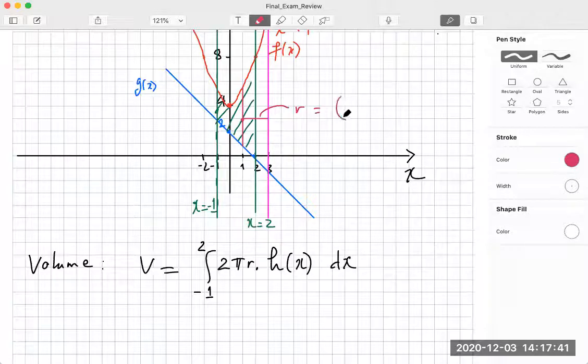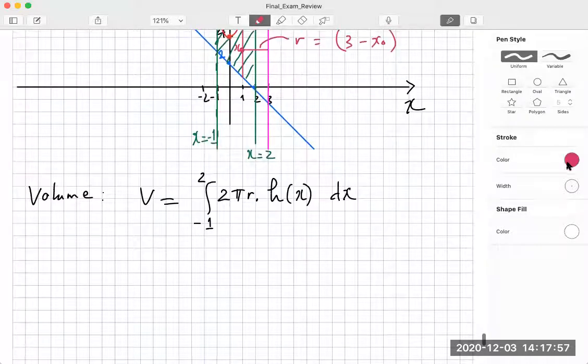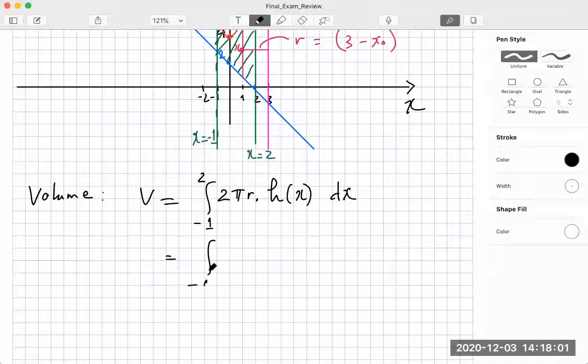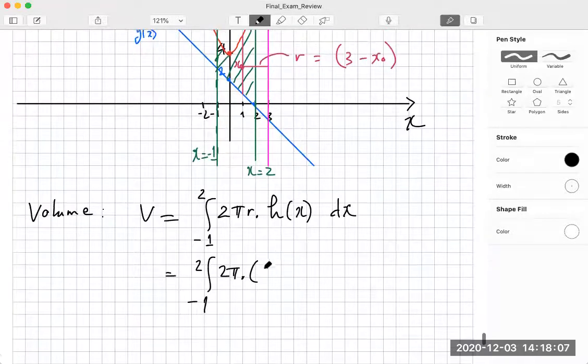And what is it? Suppose the position here is at x. It is 3 minus x. Perfect. So we substitute here that the radius r is 3 minus x.